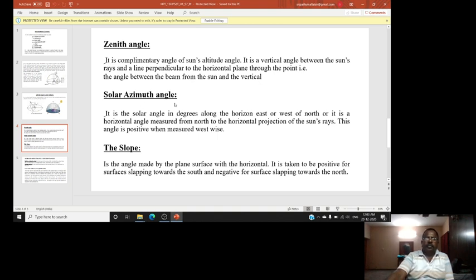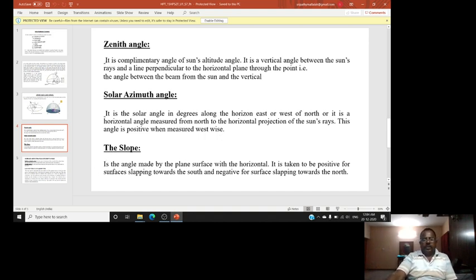Next is the solar azimuth angle. It is the solar angle in degrees along the horizontal, east or west of north or south. It is a horizontal angle measured from north to the horizontal projection of the sun's rays. This angle is positive when measured west, measured clockwise.